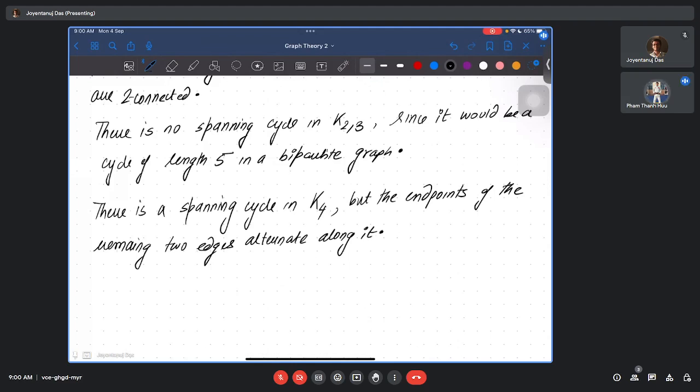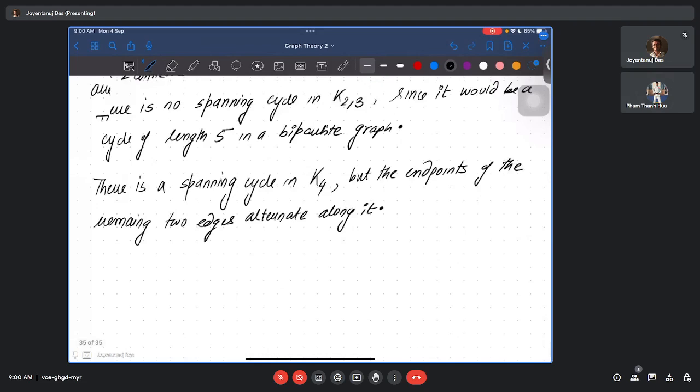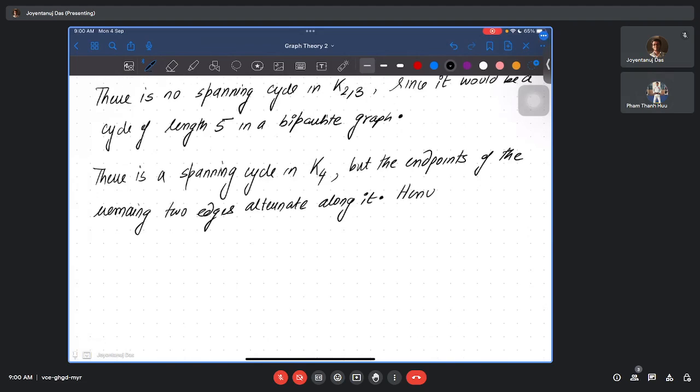Hence these chords conflict and cannot both be drawn inside. Drawing a chord separates a vertex from the outer space.